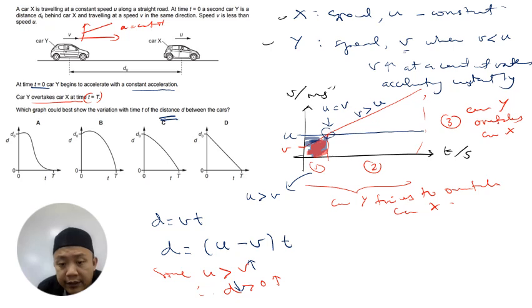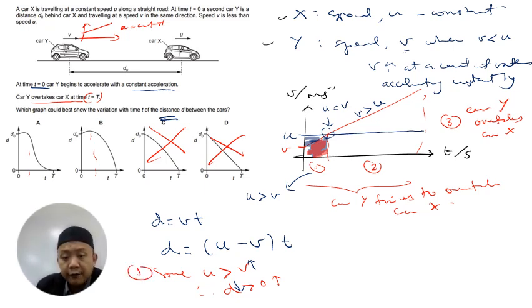So d increases at a decreasing rate. Intuitively, we know that options C and D are wrong during the first phase, because you need this sort of transition where car Y will try to match its speed first before it starts to get closer to car X.